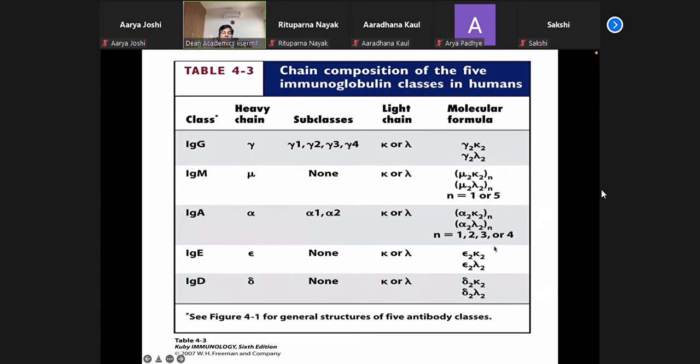But predominantly you find it either as monomeric or dimeric. For IgM, you either find it as monomeric and more predominantly as pentameric. And the same is the case with IgE: 2 chains of epsilon and 2 chains of kappa, or 2 chains of epsilon and 2 chains of lambda. And the same is the case with delta.